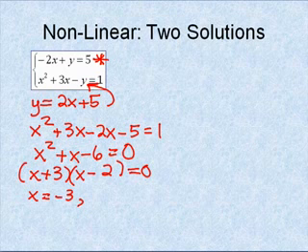So x can be either -3 or 2. So now you can see how we're going to have two solutions to this system. -3 is going to provide us with one solution, and 2 is going to provide the other solution. So let's start, and we're going to substitute -3 back up here.